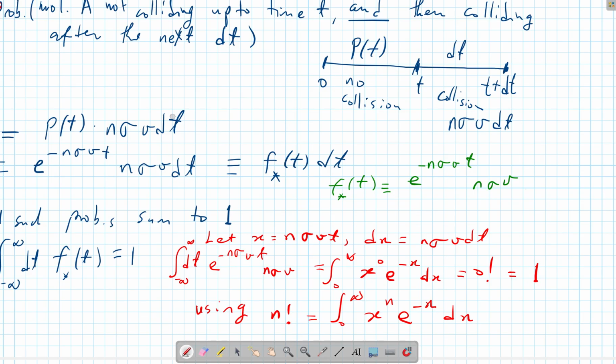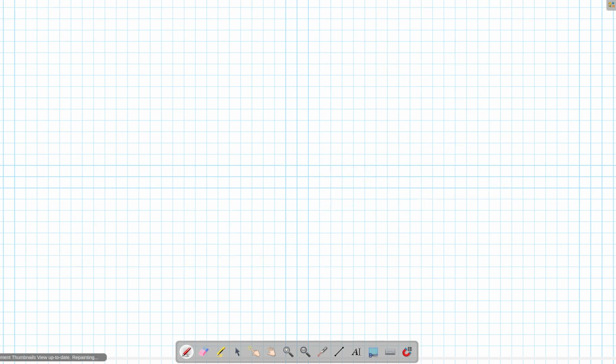So from that we can now use the probability density function to compute averages. And remember what we want? We want the average time between collisions. So having this probability density is going to solve our problem, because we can use it to compute the average time. Right?